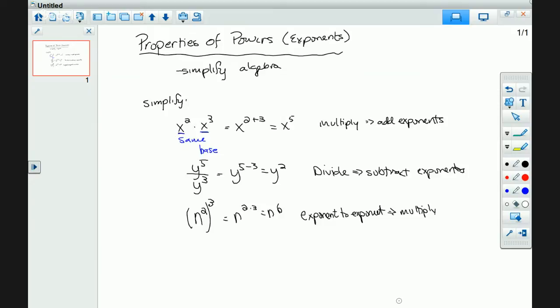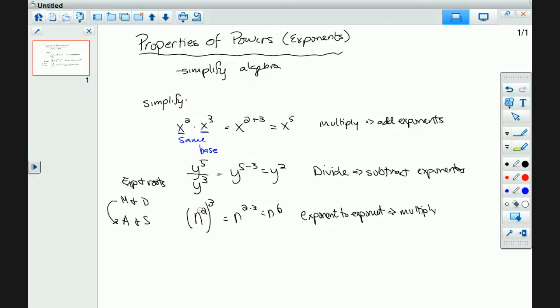So, what you're seeing here is what I would call the levels of arithmetic. The most basic arithmetic is adding and subtracting, right? And we have multiplying and dividing, and we have exponents and roots.